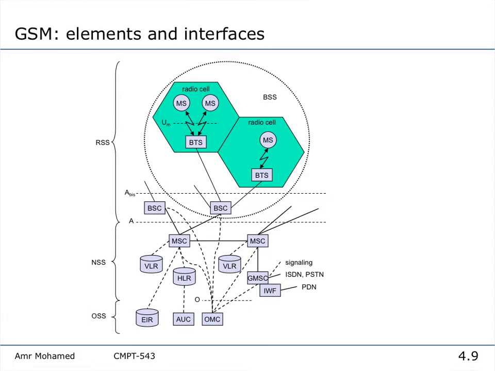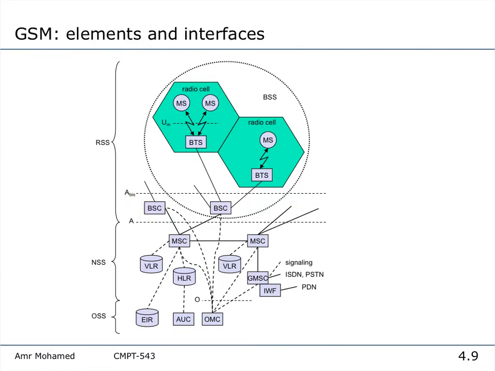Okay? So one very important thing is the interfaces. Each of these interfaces gets defined in the standard documents, like hundreds of pages. Each of these interfaces defines certain signaling between these entities. For example, the ABIS interface.